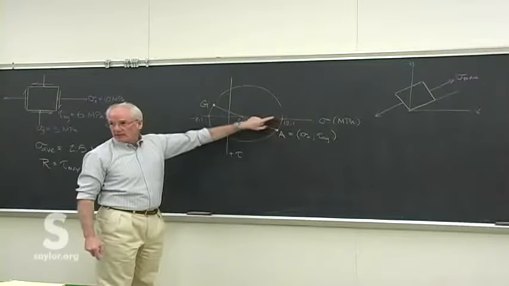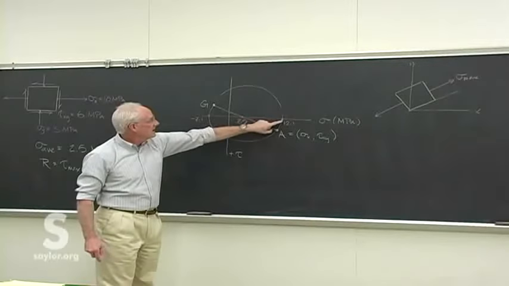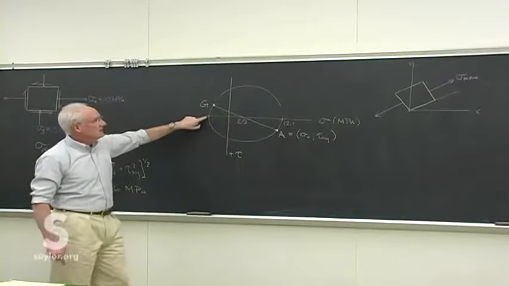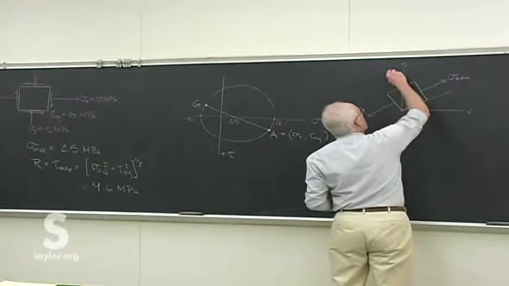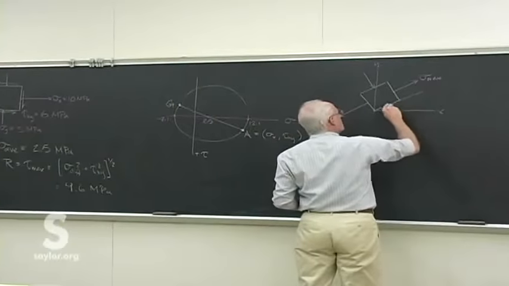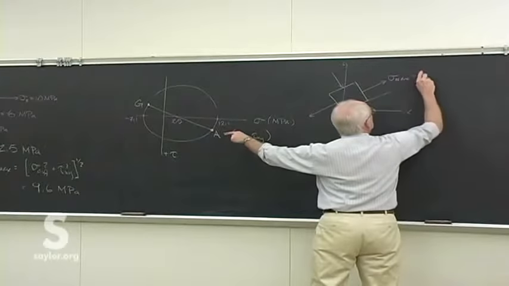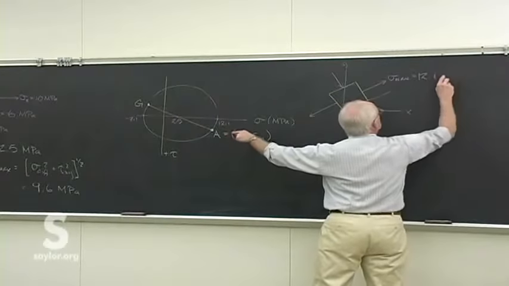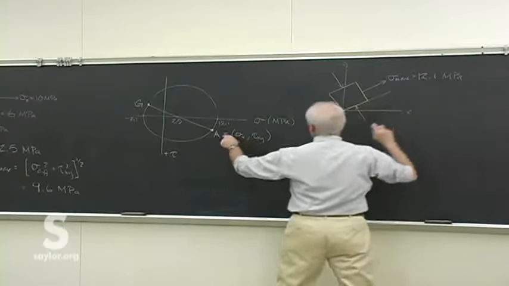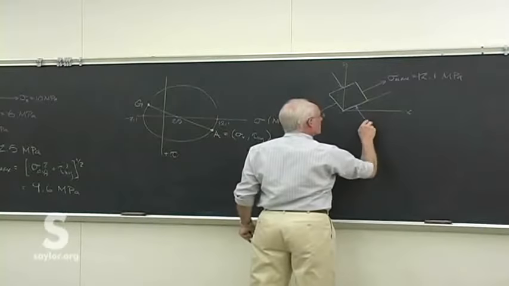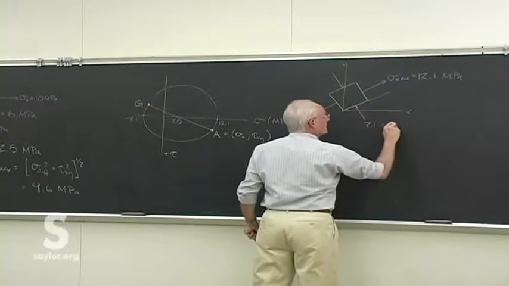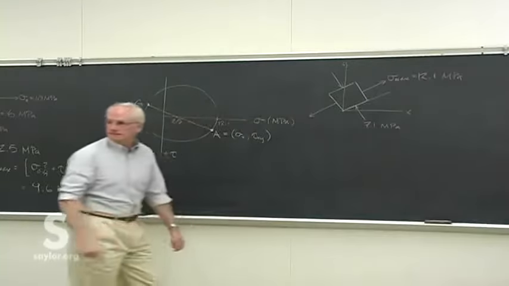That's this point here. We need to know this angle between them. There's the maximum and minimum normal stresses, and we know what those are. This is 12.1 megapascals. We know this is compression of -7.1 megapascals.